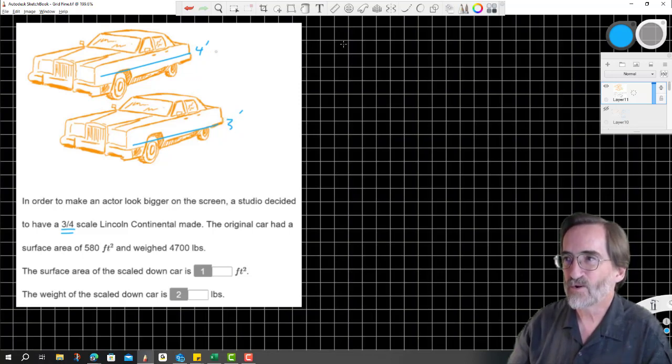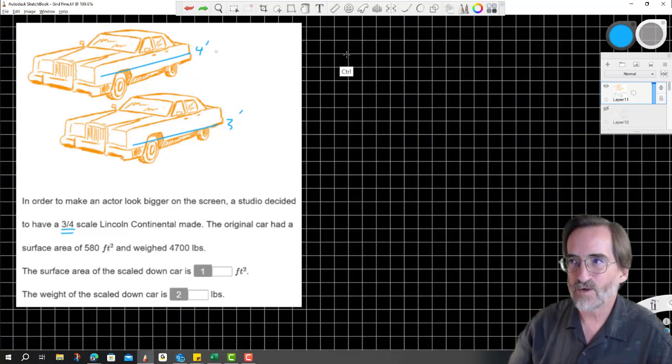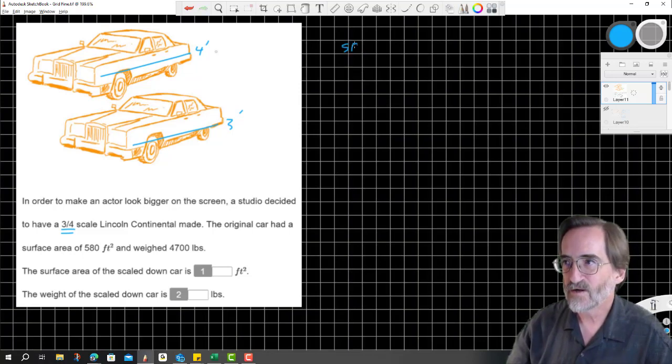So we can do this a couple of ways. 4 is to 3 is our scale factor, and actually 3 is to 4. We want to do new to old. Scale factor is new divided by old. We're going from big to small, shrinking the car, so new is 3, old is 4.